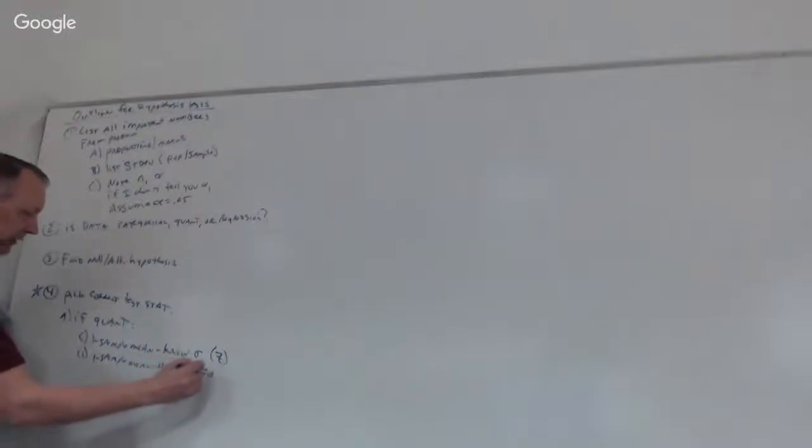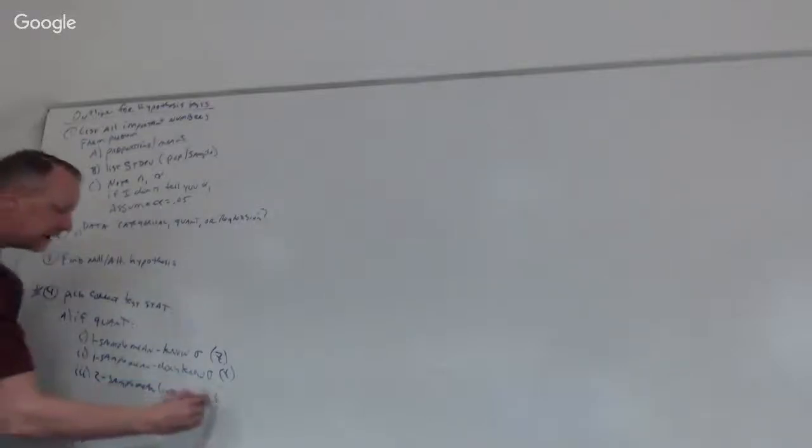Number 2, a 1 sample mean, and you don't know sigma. In that case, it's going to be a t. Number 3 is going to be a 2 sample mean, which is independent.